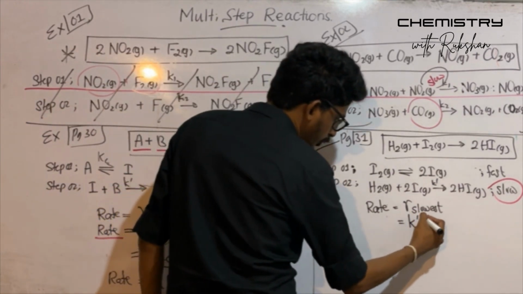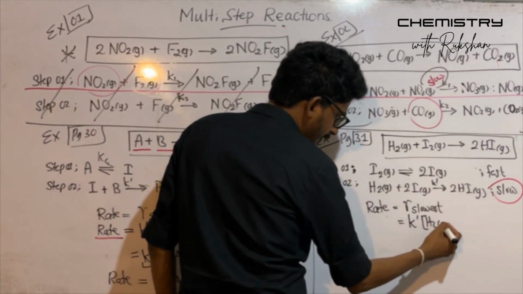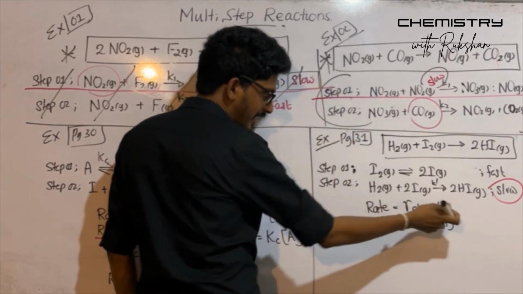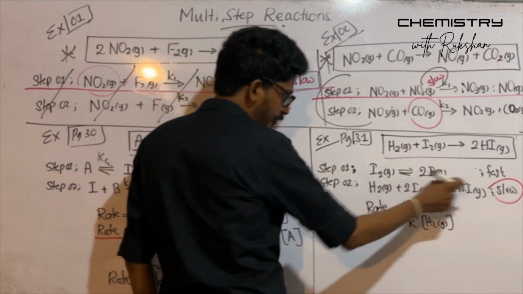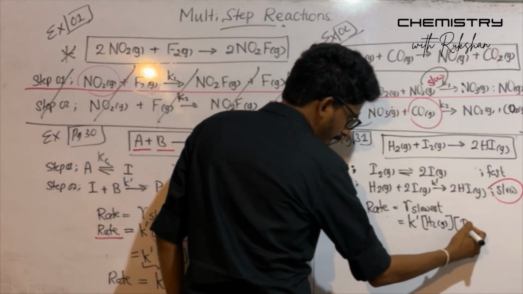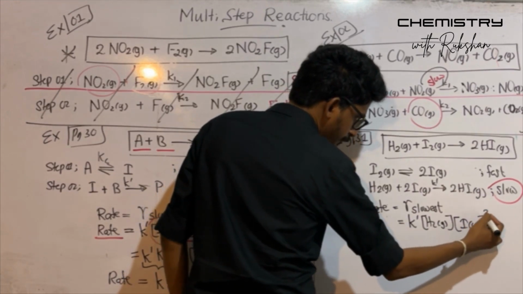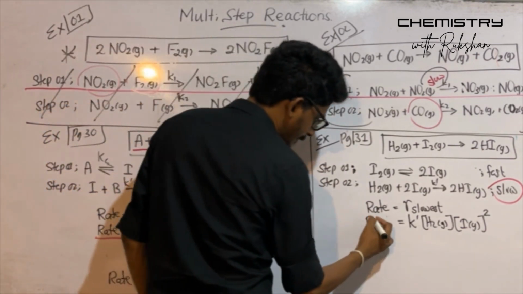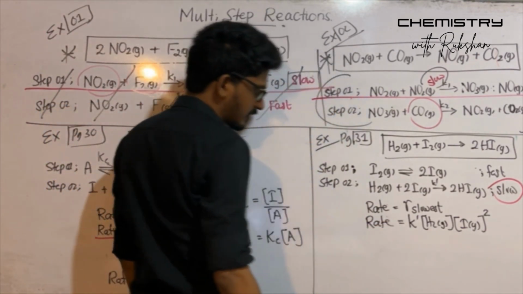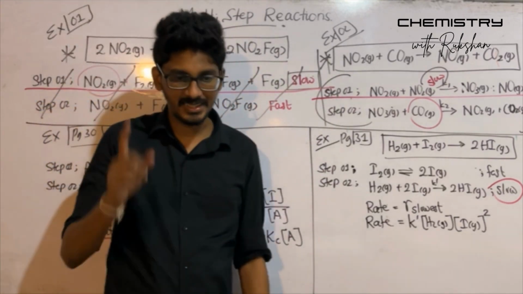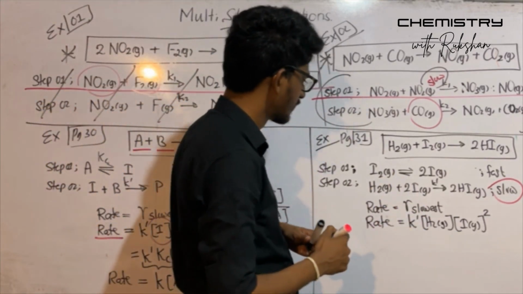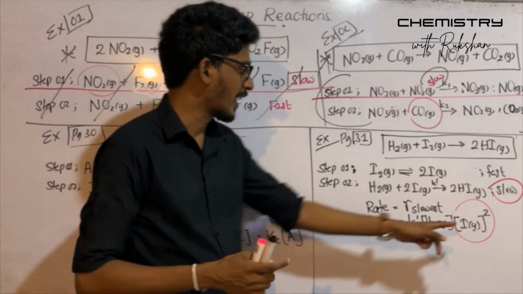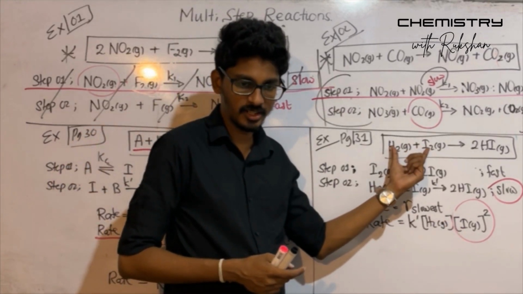So k dash into H2 gas to the power 1, I gas to the power 2. That is the rate expression according to the slow step. But again, we see the problem arising. This I gas is an intermediate, which is not appearing on the reactant side of the overall equation.